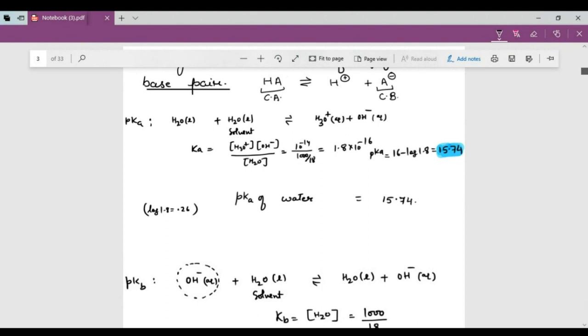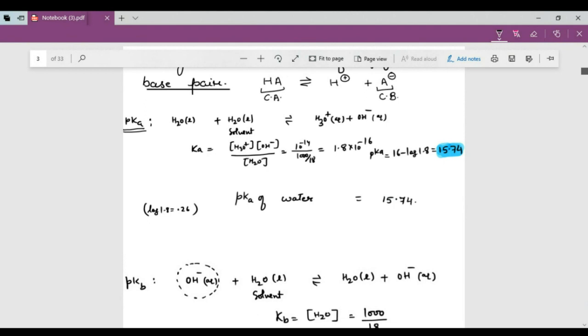Okay, this conjugate acid-base concept and then the pK values extensively use water as a base solvent. So first let us understand what is the pKa of water. If water is acting as an acid, then I can write its equilibrium like this.